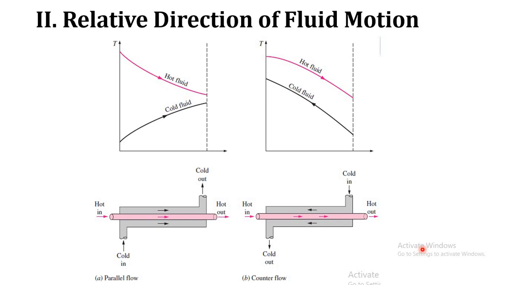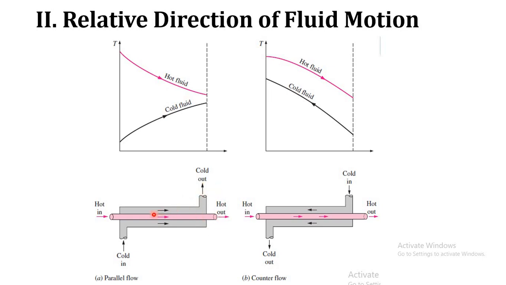We can see in a parallel flow heat exchanger, both fluids, hot fluid and cold fluid, enter into the heat exchanger at the same side and move through the same direction in the heat exchanger, and move out from the heat exchanger at the same end.